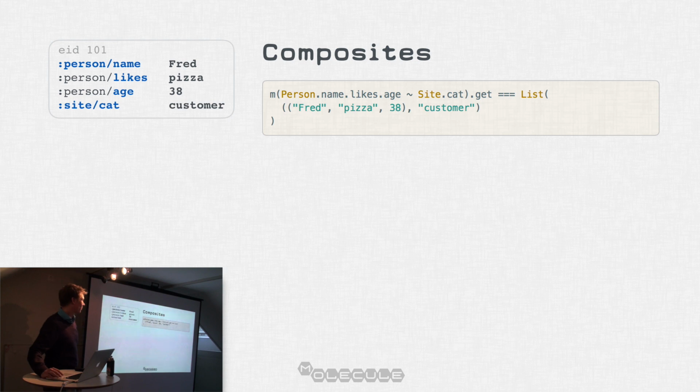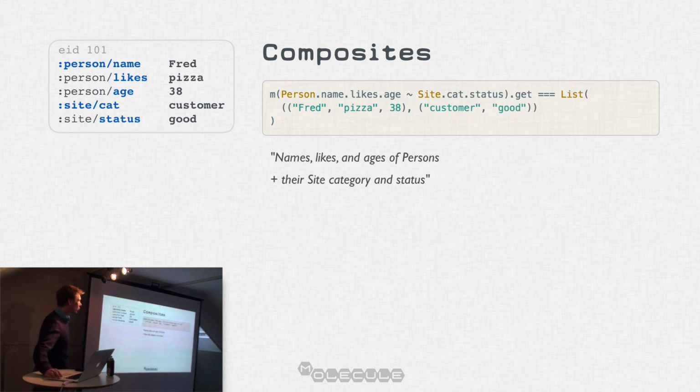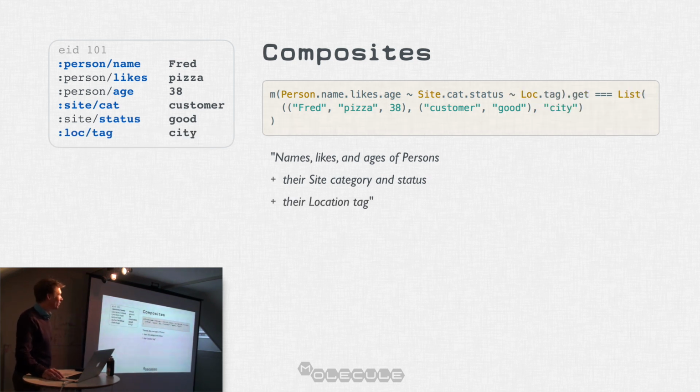So what you get is a tuple for the first. I call them submolecules. You have two submolecules, and you can compose molecules out of submolecules, right? So you get a tuple for the first one, and here, since it's only one value, it's just one value here. But you could have two values also, so you get a tuple there. If you got both category and status from site, right? And you could even have more. So you can continue like that.